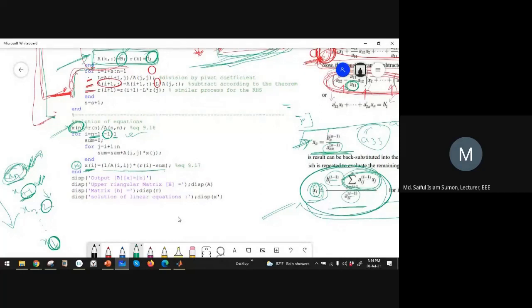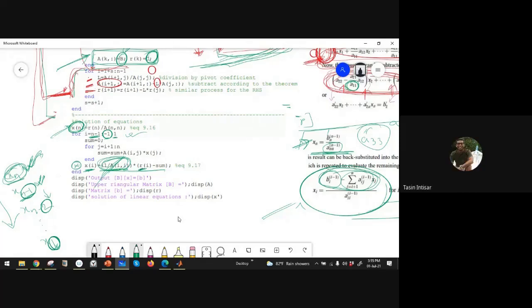You can see that it's divided by aii, that means 1 by aii has been completed here. Now remaining is this one minus this one. That means this one is remaining. So you can see b is not available in my code. What is available?